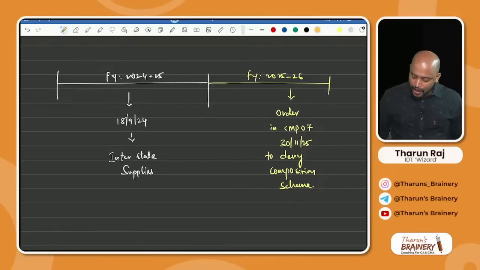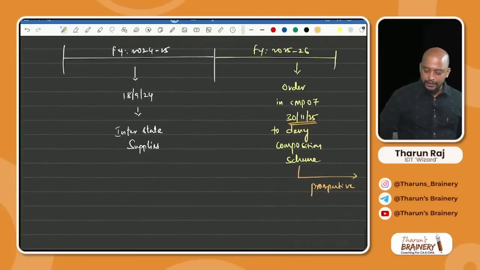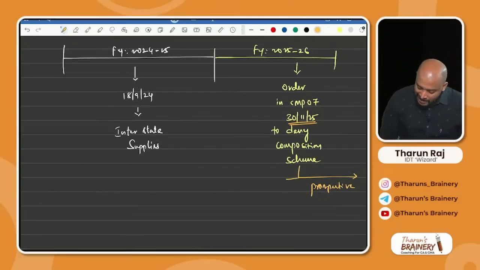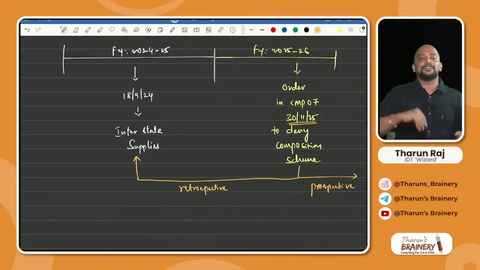It may be prospective. Prospective means from 30/11/2025 they will deny. Or it can be retrospective, but not before 18/9/2024.